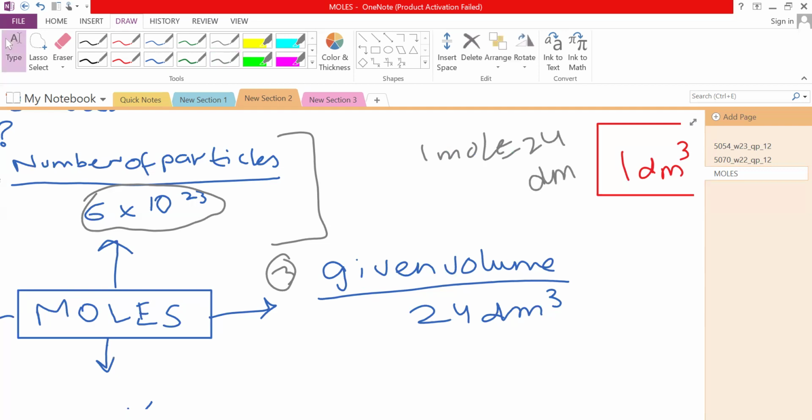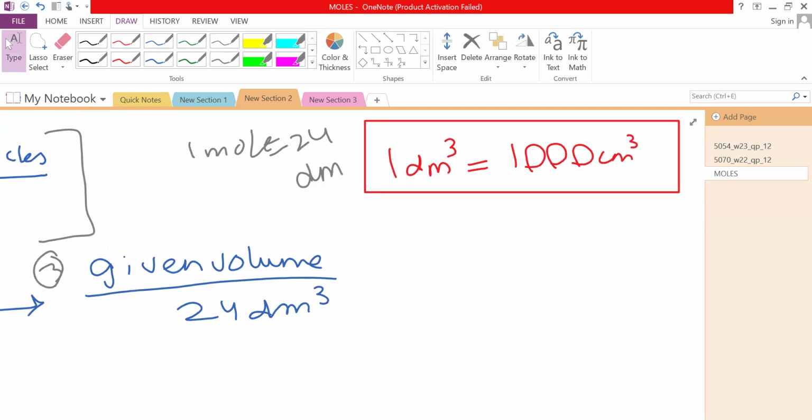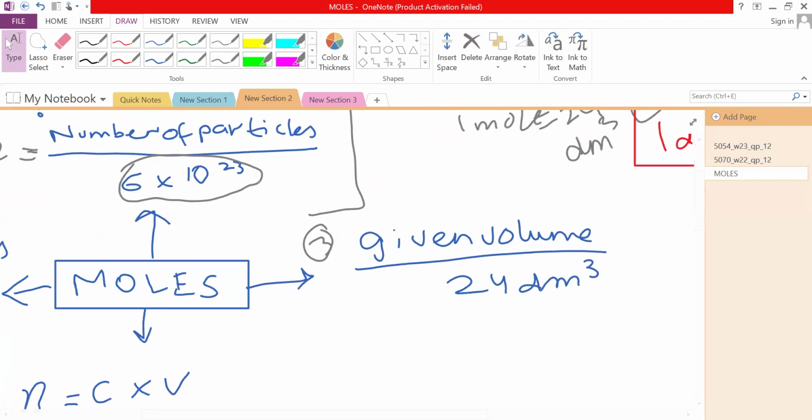And secondly, you should know that 1 dm cube equals 1000 cm cube. This is the unit conversion of 1 dm cube into 1000 cm cubes. So this was our third formula, given volume divided by 24 dm cube.